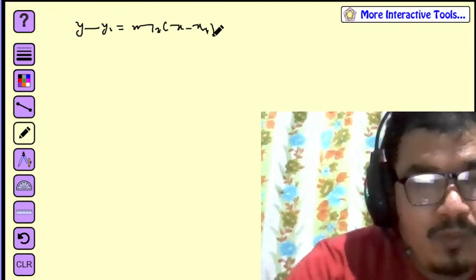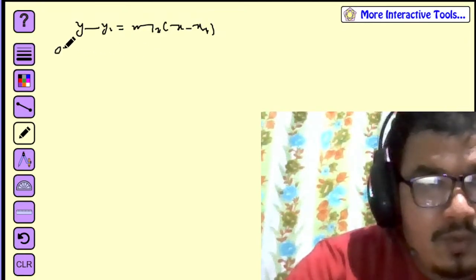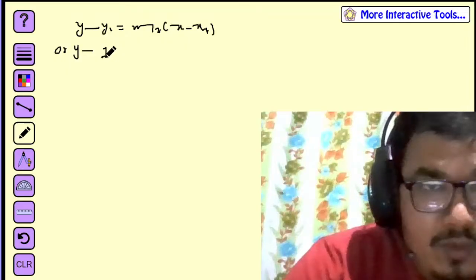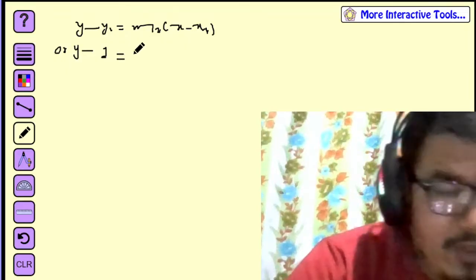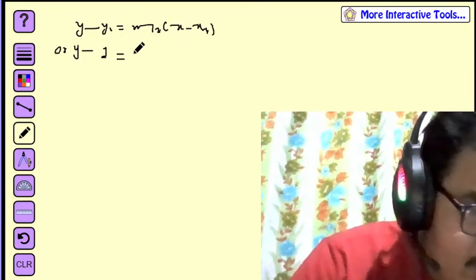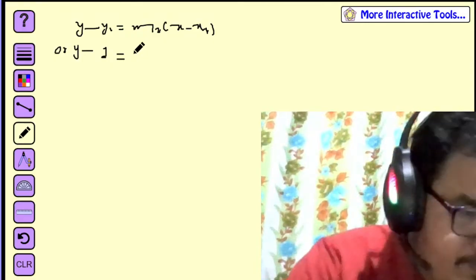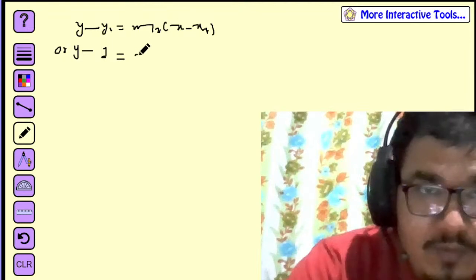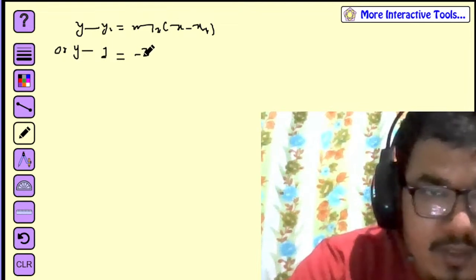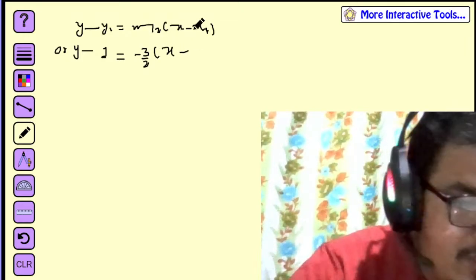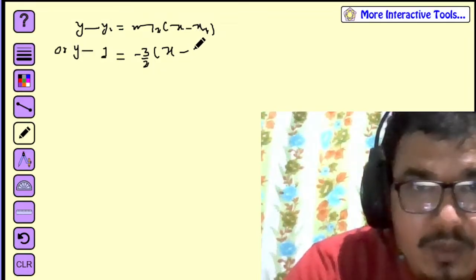We had one point, so y minus y1, y1 is 1 because 2 comma 1 was the coordinate, and we got the slope m2 as minus 3 by 2, and x1 is 2.